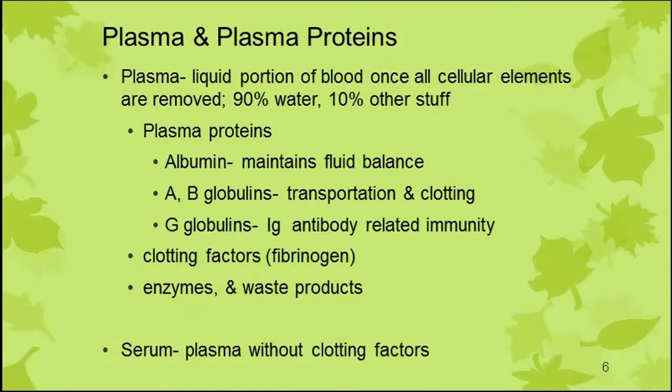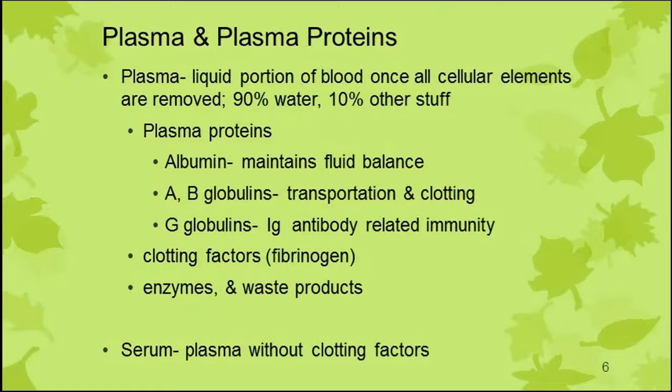Plasma or the other stuff is also made up of alpha and beta globulins, which are responsible for transportation. They carry bound substances. That just means that they are carriers. Things bind to these globulins, and the globulins transport these other things through circulation to the appropriate place in the body.